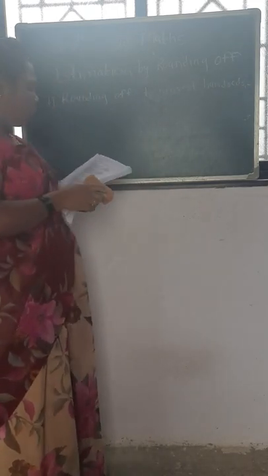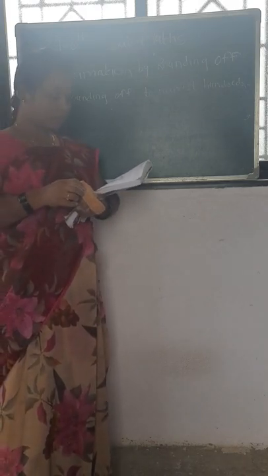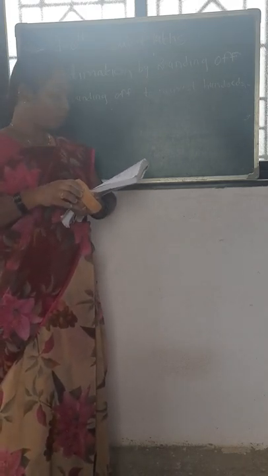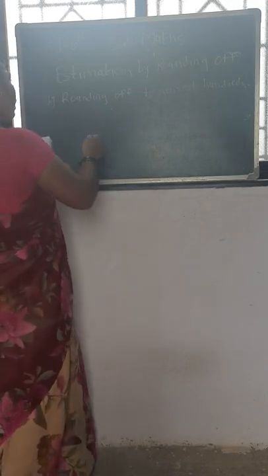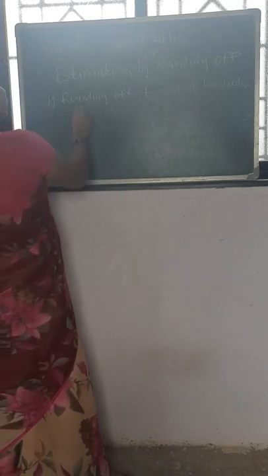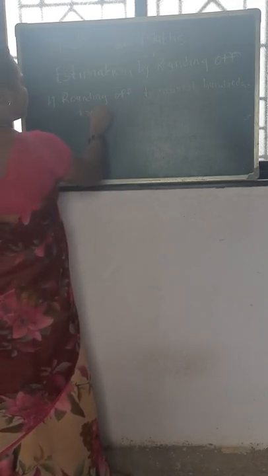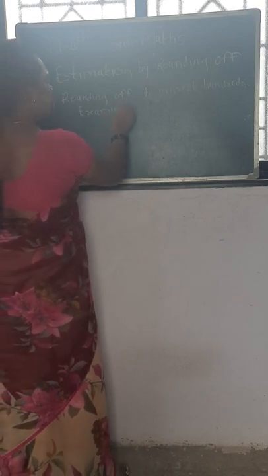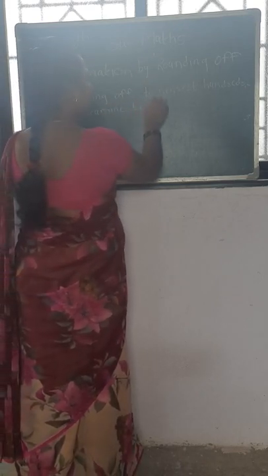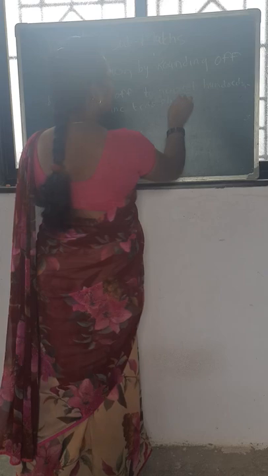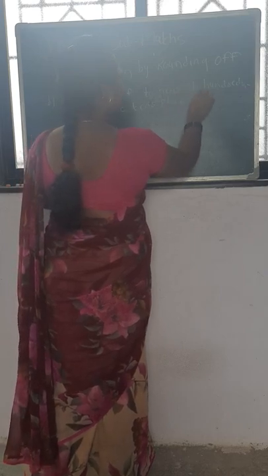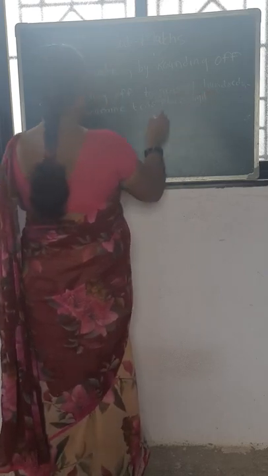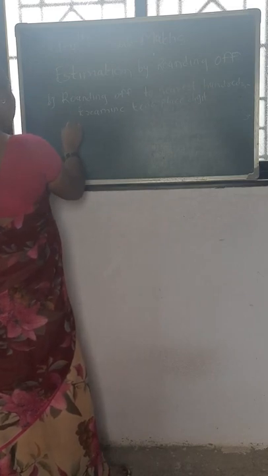To round off to the nearest hundreds, we should follow the given rules. In this, examine the tens place digit.